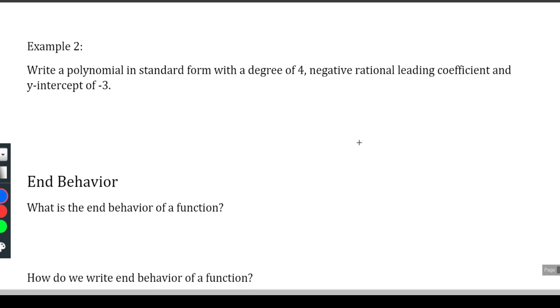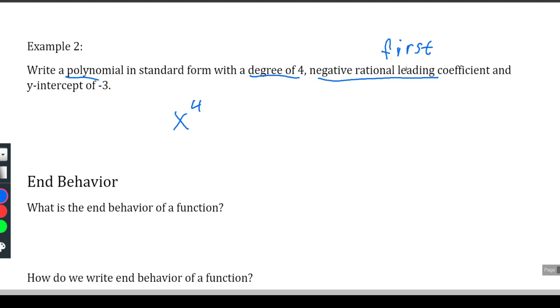So what we're going to do is write a polynomial in standard form with a degree of 4 with a negative leading coefficient, which means our first coefficient, with a y-intercept of minus 3. So this could be literally anything. It says a polynomial, didn't say trinomial, binomial, or anything else. So that means we need to have at least 4 terms, with a degree of 4, so we know that there has to be at least an x to the 4th.